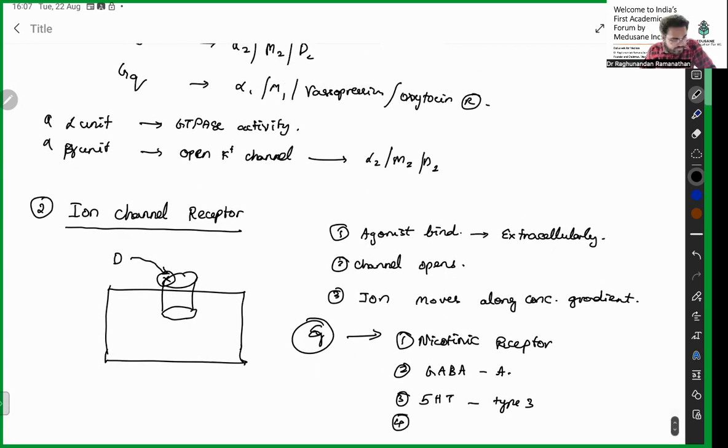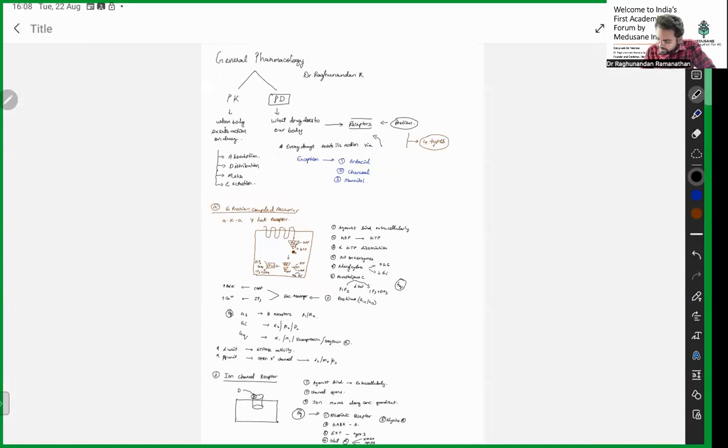And number 4, it is going to be glutamine receptor, NMDA for example. Number 2 example is going to be your AMPA. And number 3 example is going to be your kinase. Okay, and then fifth example is the glycine receptor. Clear? So I hope you are clear till now.